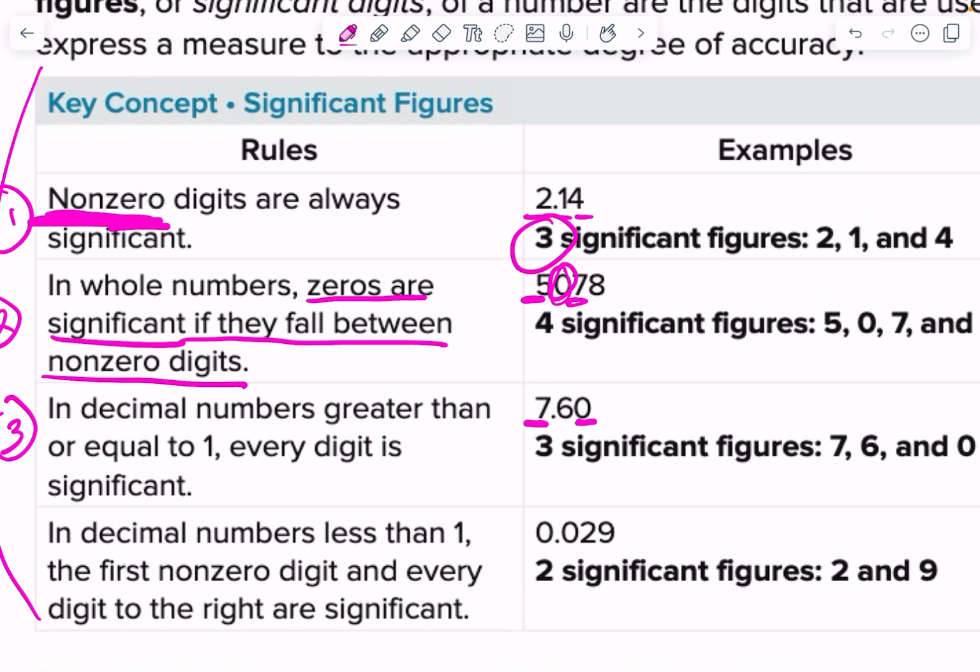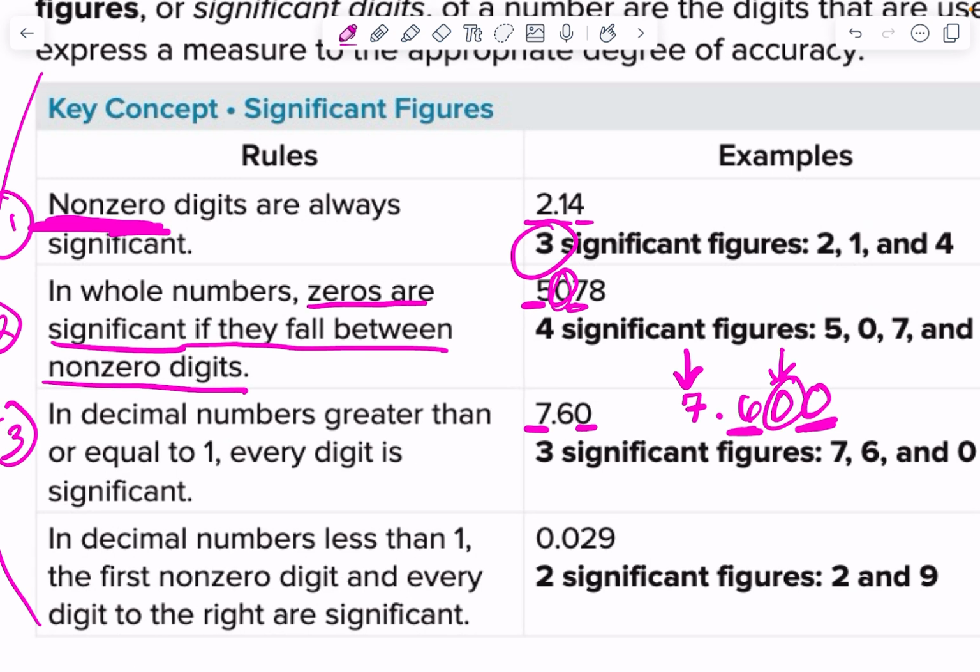Let's say it was 7.600. Any ending digit that is 0, as long as this number is bigger than 1, is going to be significant. Now, does that make this one significant? Yes, because 6 is significant, 0 is significant, so this 0 is also going to be significant, okay? So in that case, this would have 4 sig figs, this would have 3 sig figs, okay?